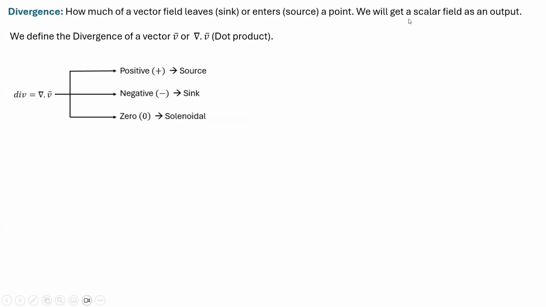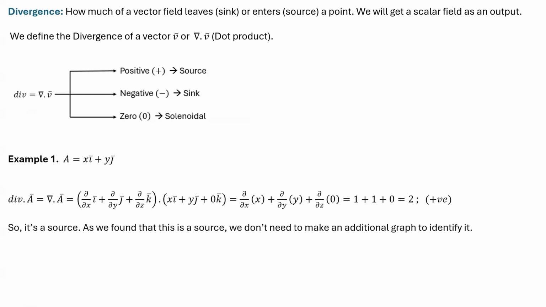Since it's a scalar, the operation would be a dot product. If you do the divergence and get a positive value, that means it's a source. If it comes negative, it would be a sink, and if it turns out to be 0, it would be solenoidal.